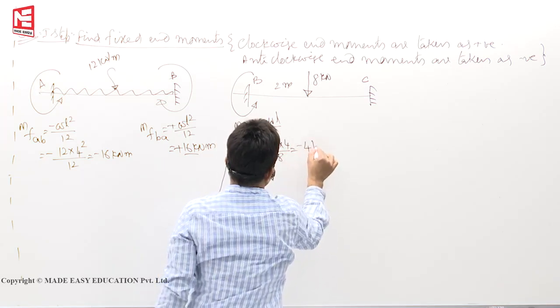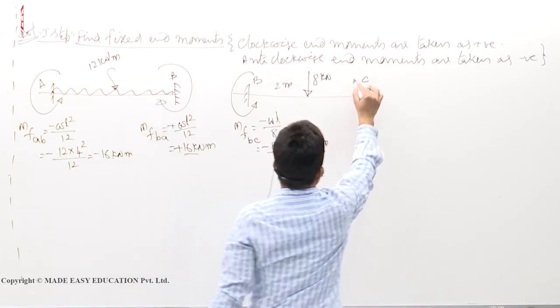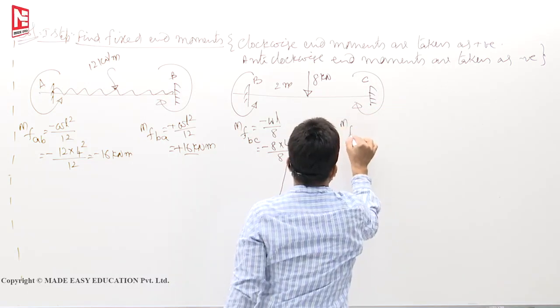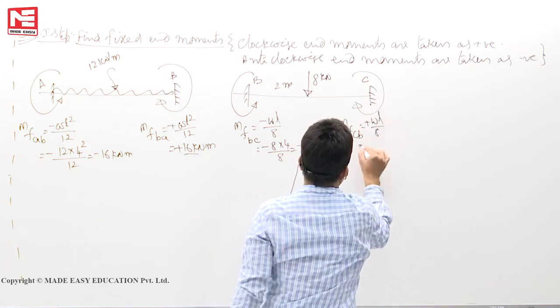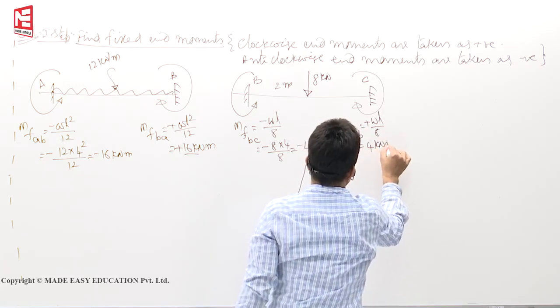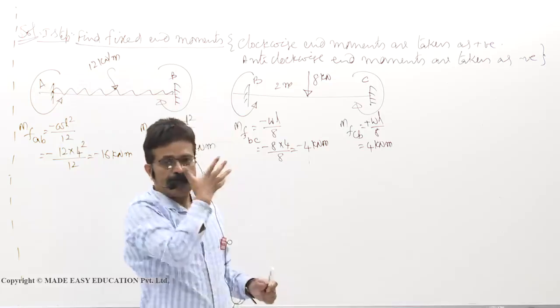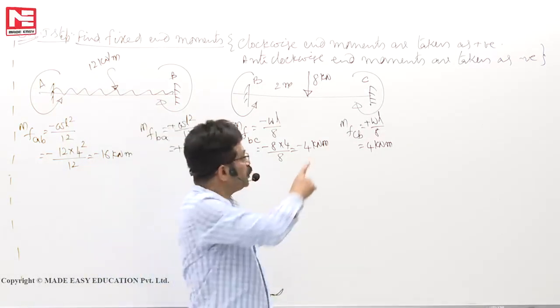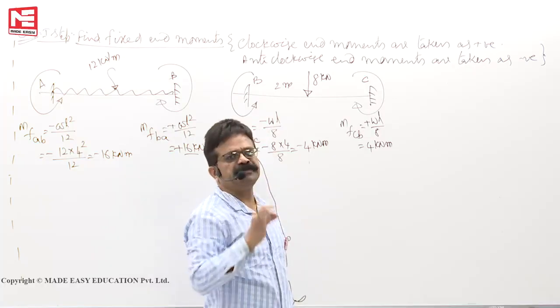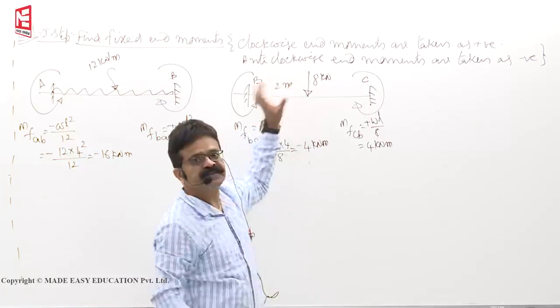So you will get minus 4 kilonewton meter. MFCB: you will get plus WL by 8, so plus 4 kilonewton meter. Actually A, B, C are not fixed supports. Now you fixed them; it is a symbolic representation of locking the coordinates.